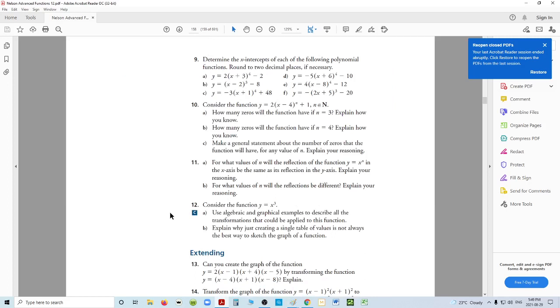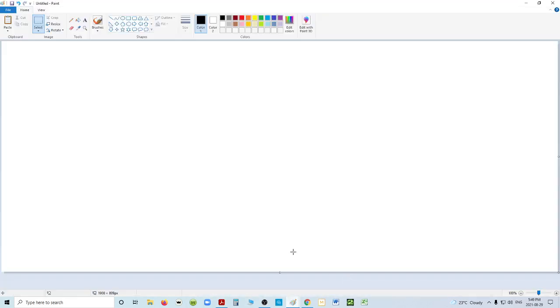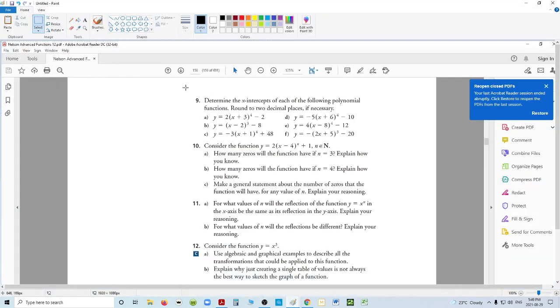Determine the x-intercepts of the following. Okay, that's when all these things are equal to 0. Round to 2 decimal places if necessary, which means they might need you to do the quadratic function. I'm not going to do the quadratic formulas, but I will do the solvable ones, one by one.